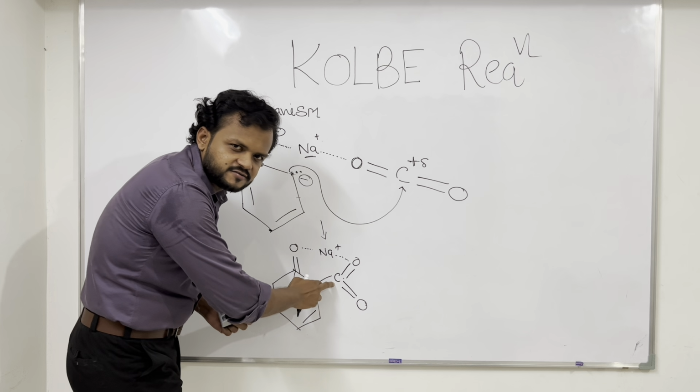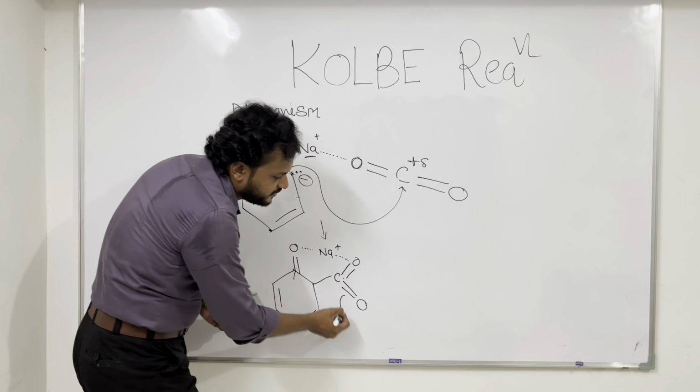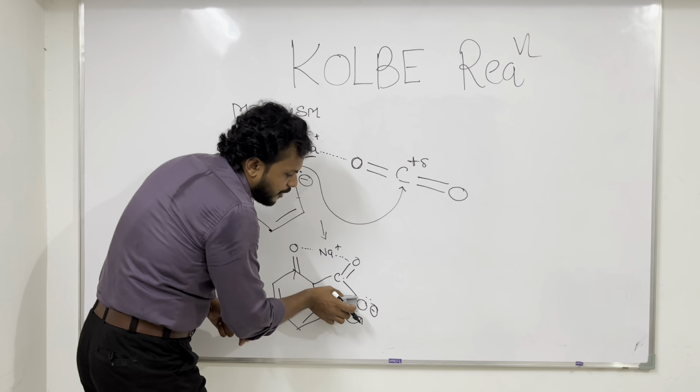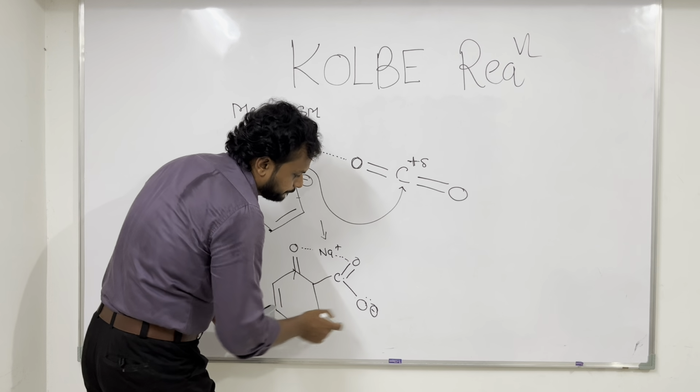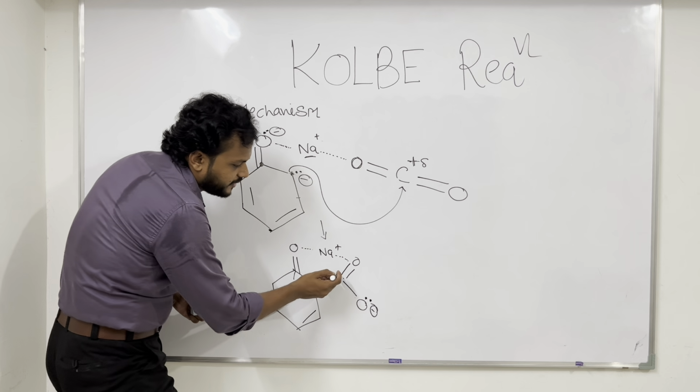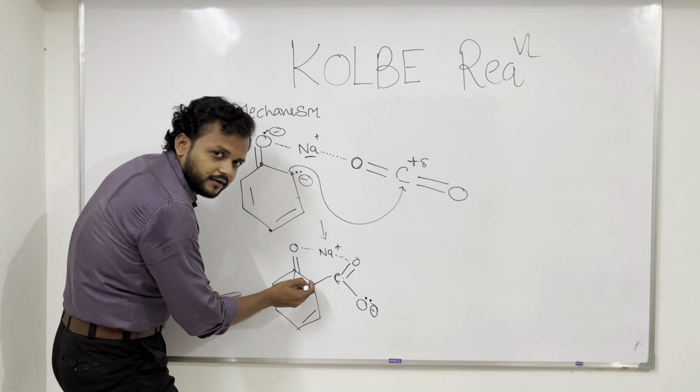Carbon is unstable with 5 valency, so this oxygen is going to accommodate that lone pair and will form oxyanion. So you can see that the carbon dioxide is added at this position right now.